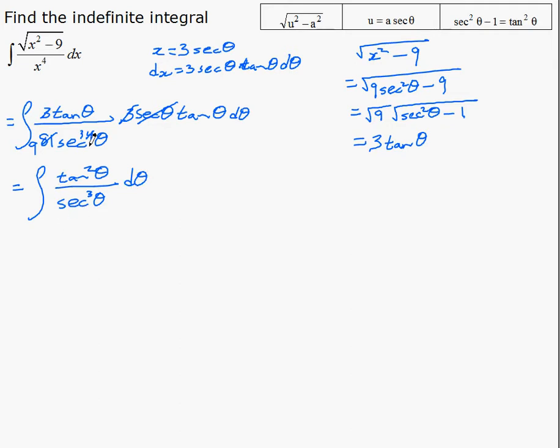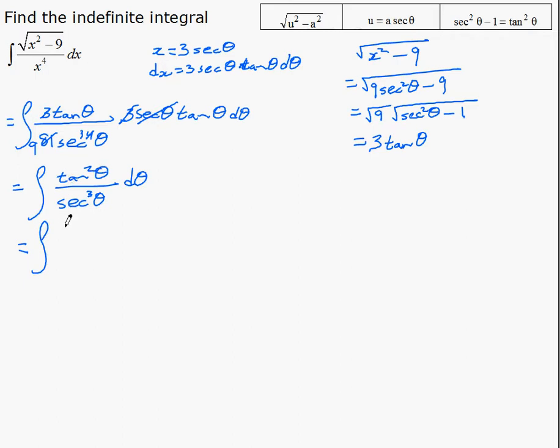So the trig substitution has done what it's supposed to do. It's gotten rid of the root for us and given us a different integral in the trigonometric form that we now can try to solve. This is a mixed integral because it's got a division of a tan and a secant, so we're going to change everything to sine and cosine as probably the quickest option to get a solution. Not the only option, but likely the quickest.